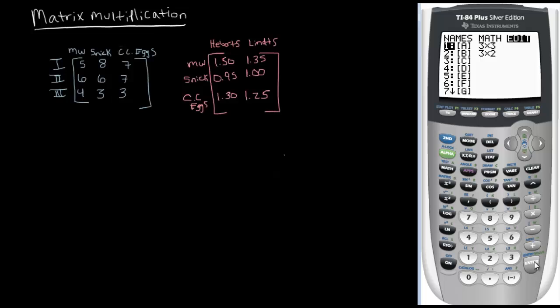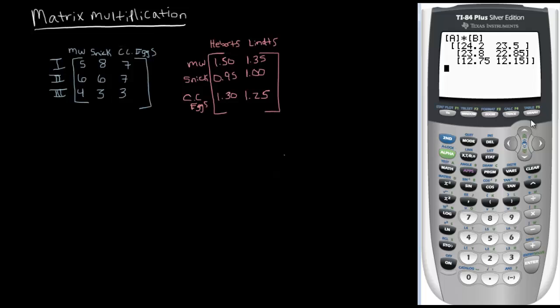If you look at matrix A, I put in the info for my baskets, and if you go to matrix B, I put in the costs. And so if you go to the quit screen and multiply matrix A times matrix B, you'll see here precisely what we got on the last page.